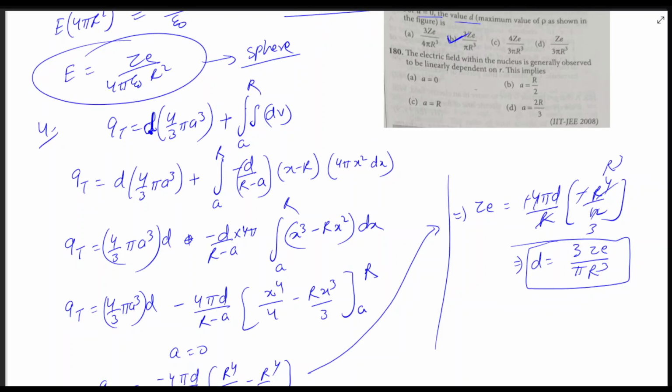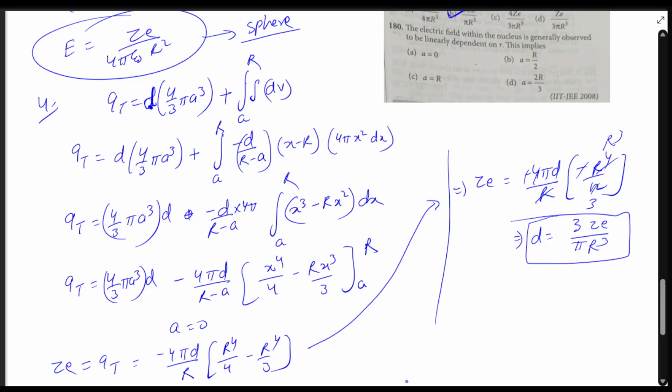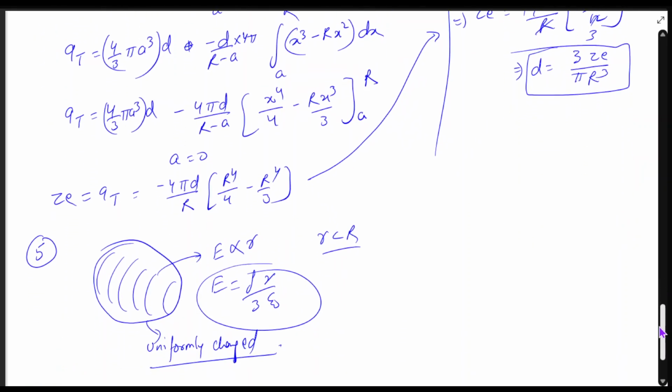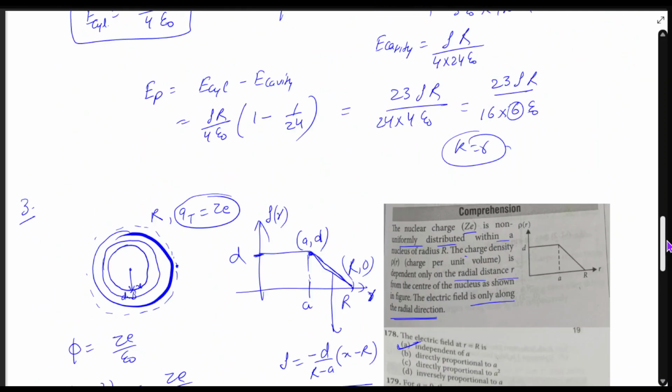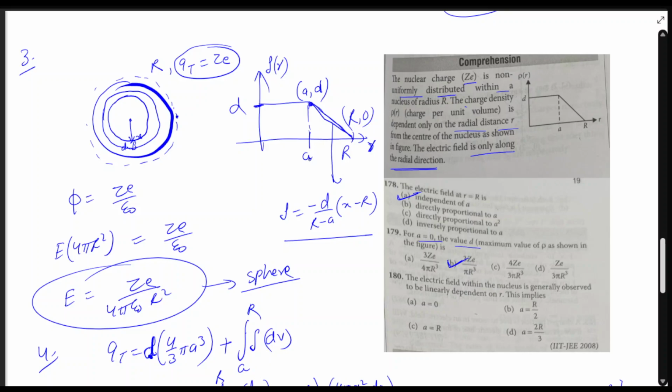So what we'll get? Yes. So if density becomes constant, right? Uniformly charged means density becomes constant, right? And density is constant till r equals a. But I need the density to be constant for the whole sphere.